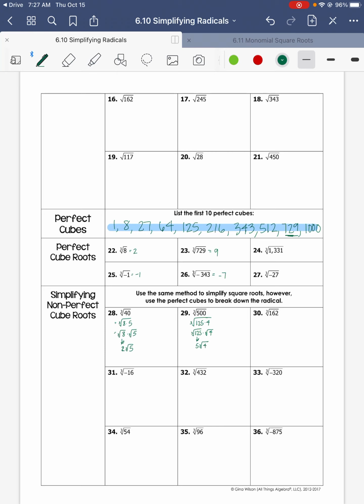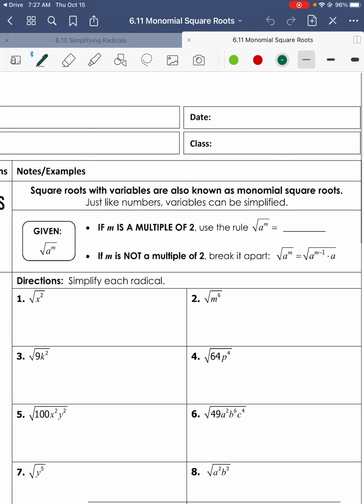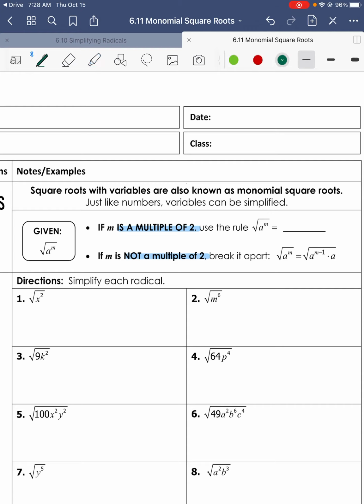Let's go over to our 6.11, our monomial square roots, which we also talked about yesterday in the foldable. Okay, so there are 2 rules here. One, if it's an even number, which we represent here by a multiple of 2, that means even number. And then if it's an odd number, which we show here as not a multiple of 2.